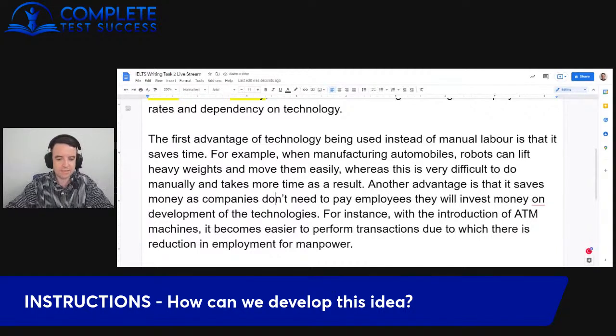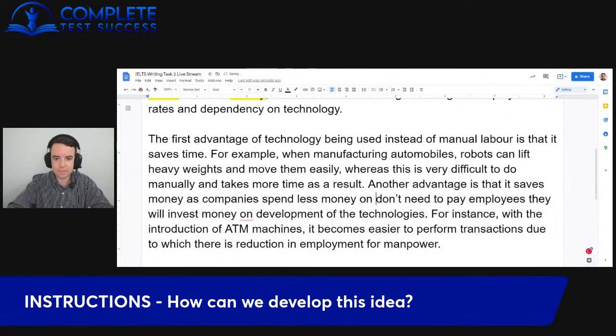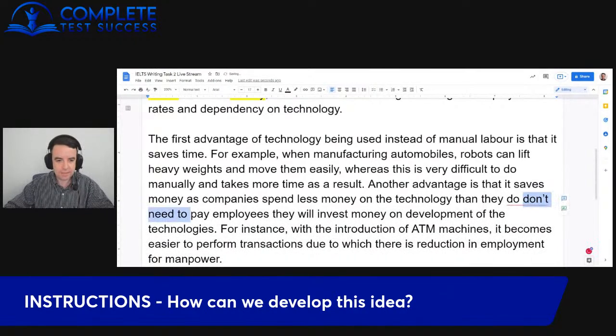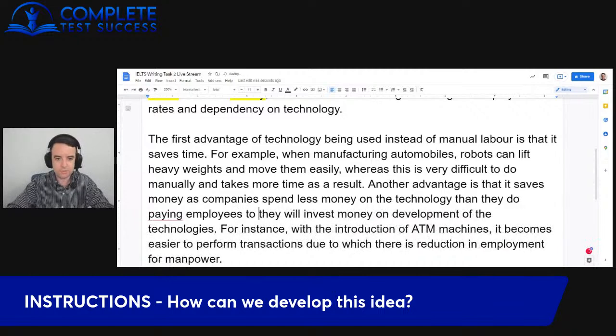No, so we have to say that the technology is cheaper. Another advantage is that it saves money as companies spend less money on the technology than they do paying employees to do the same job.